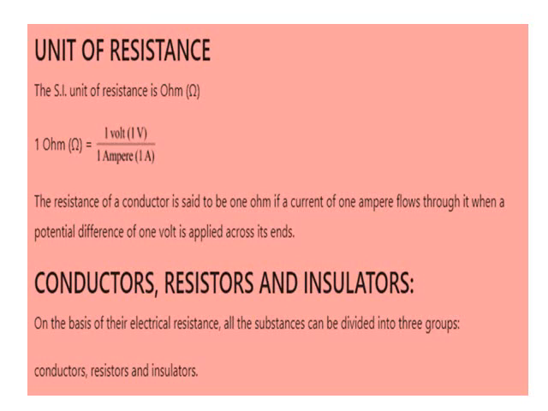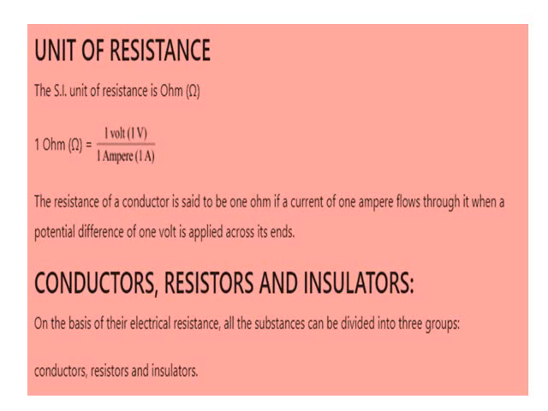This we get from the resistance formula. Resistance is equal to potential difference divided by current. From there, if we take up the units, then 1 ohm is equal to 1 volt by 1 ampere. So from this, we can frame the definition of the unit of resistance.